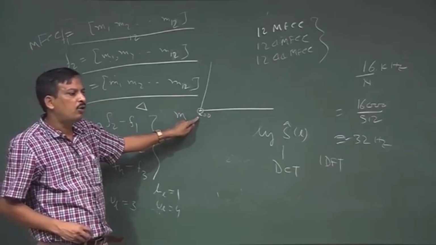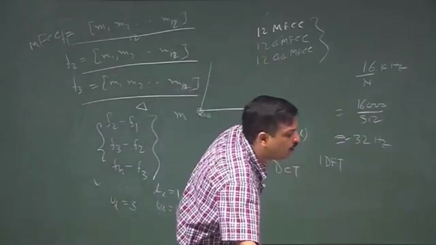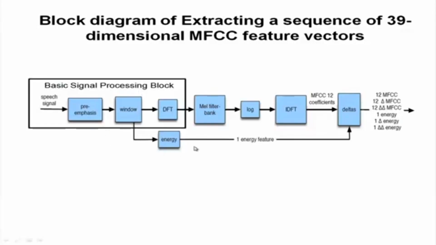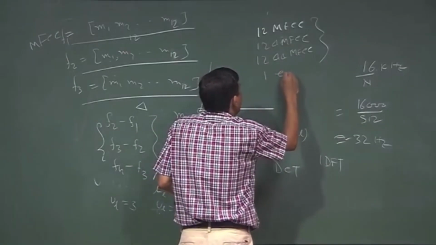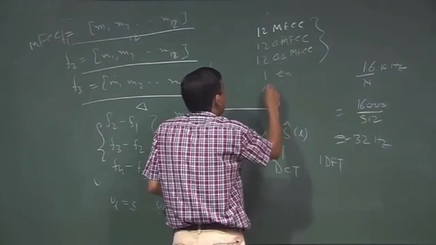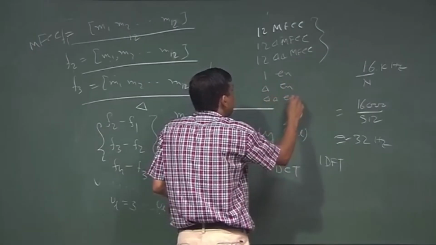Okay. So, what I do, I will take the energy of the signal, which can be directly computed after windowing. The average energy of the signal I can directly compute, and I take the first energy of the signal. Once I take the energy, I can take the delta energy, I can take the double delta energy.